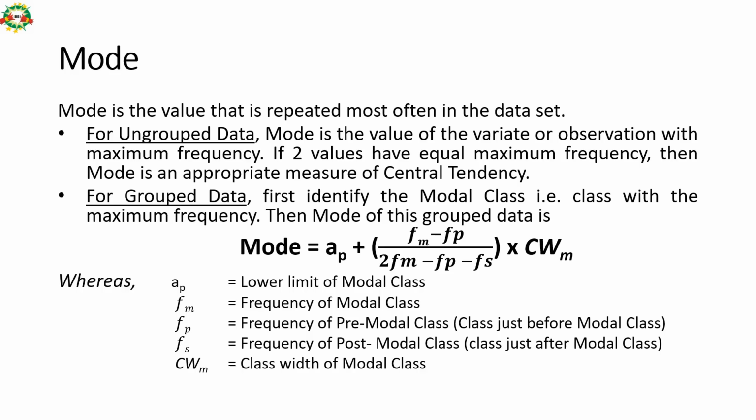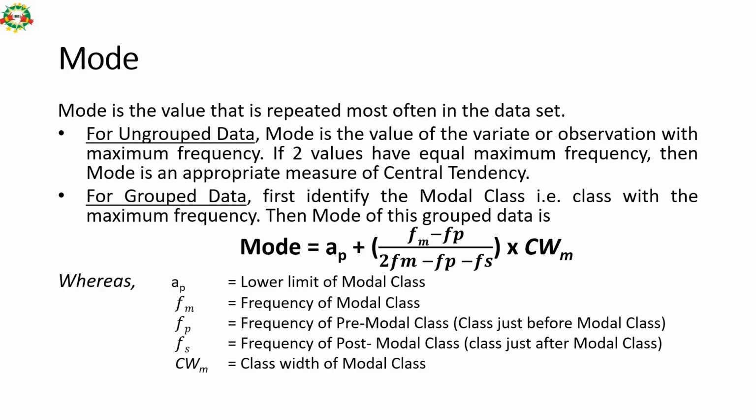Third is mode. Mode is the value that is repeated most often in the data set. For ungrouped data, mode is the value of the variate or observation that has maximum frequency. If two values have equal maximum frequency, then mode is not an appropriate measure of central tendency.